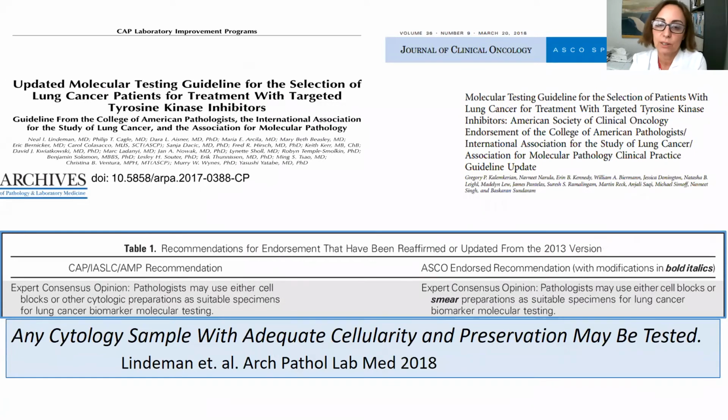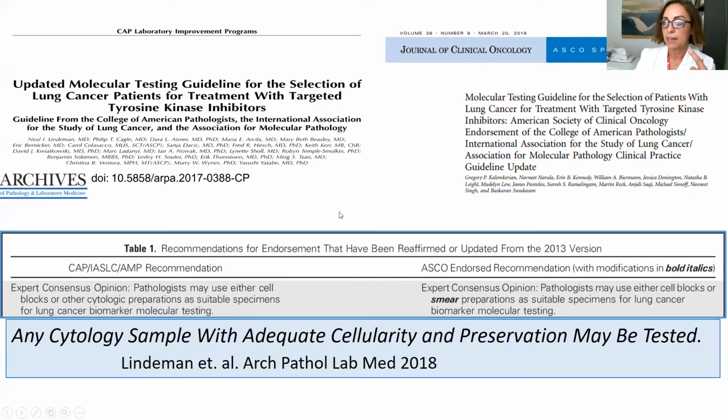And now in 2018, the most important association of pathologists in the United States and ASCO, the American Society of Clinical Oncology, are in agreement, and they stated that any type of cytological sample is useful for biomarker analysis.